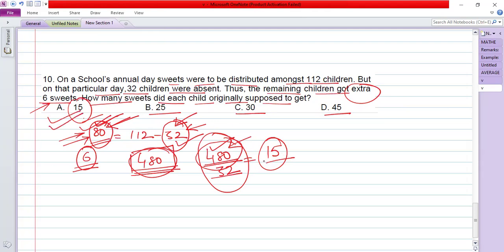So all the 112 students were originally supposed to have 15 sweets each, because originally each and every student must have got the same number of sweets.